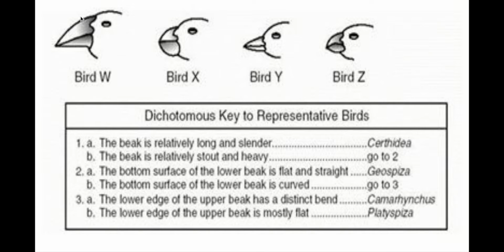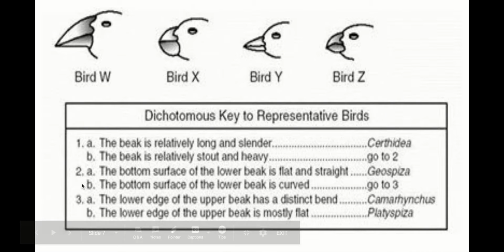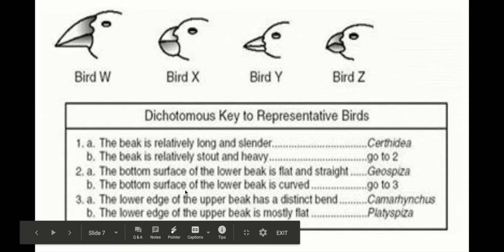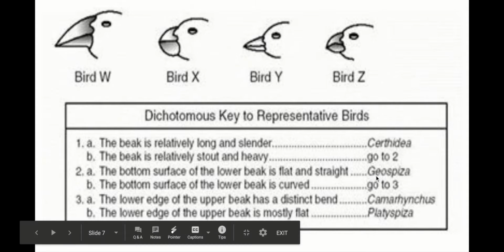This bird has a stout and heavy beak. We go to step 2. 2A says the bottom surface of the lower beak is flat and straight. 2B says the bottom surface of the lower beak is curved. This beak is flat and straight. So we found out our scientific name.